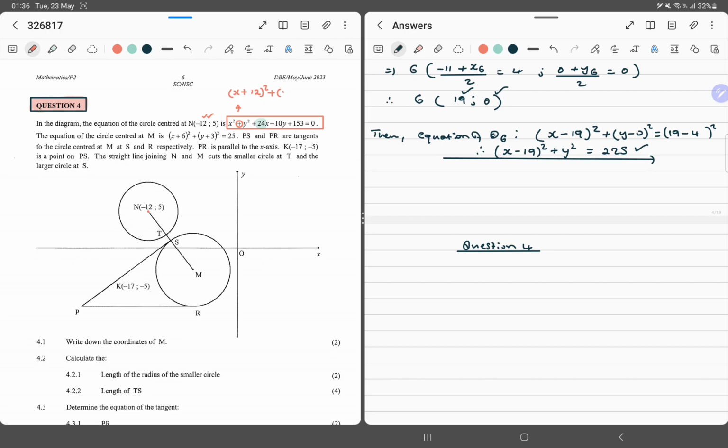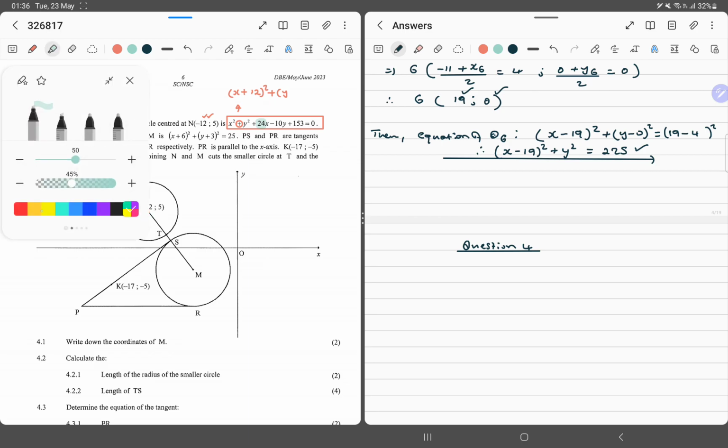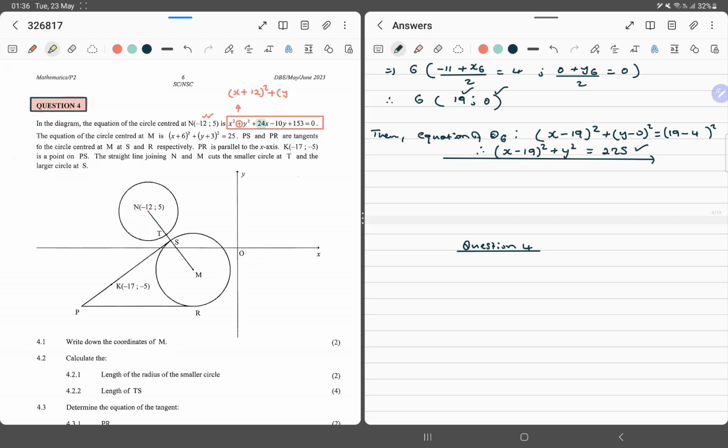Then we go to y, whose coefficient is minus 10, so this would be a y minus 5, and half of 10 is 5, squared. Then we take those squares: 12 squared plus, remember we added these initially, 5 squared, which is 25.